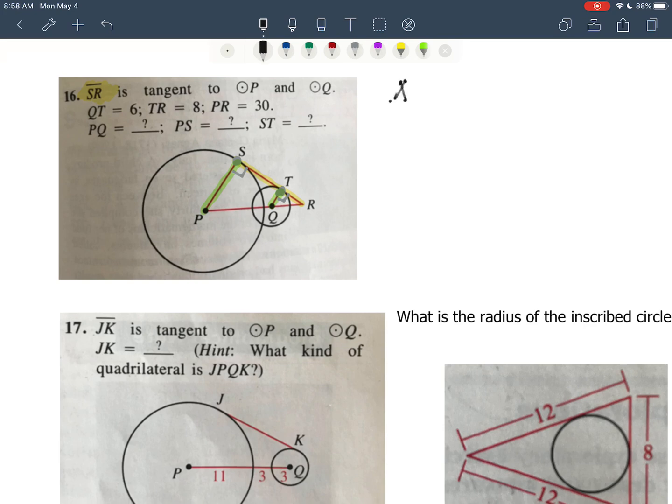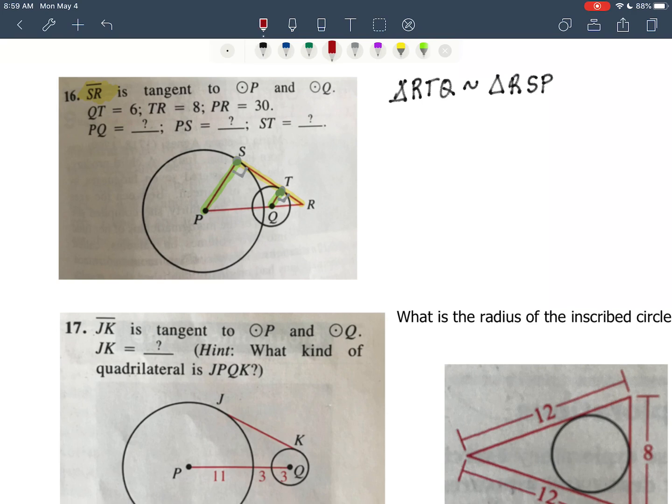Additionally, triangle RTQ is going to be similar to triangle RSP, which is going to give us some angles that are congruent and some proportional sides.